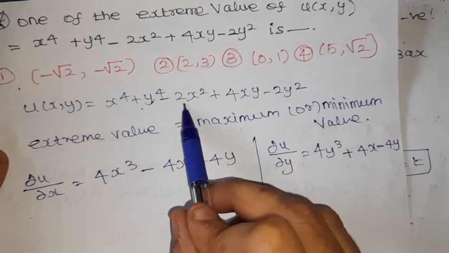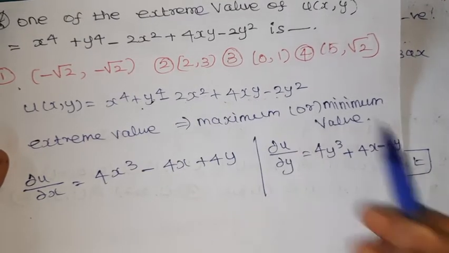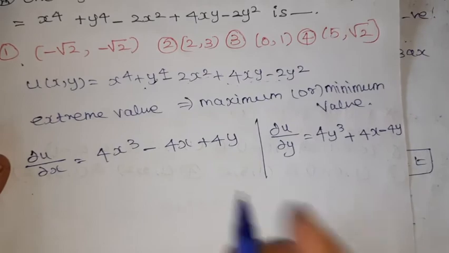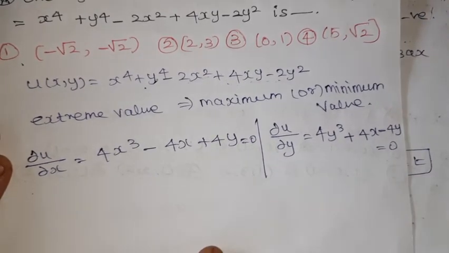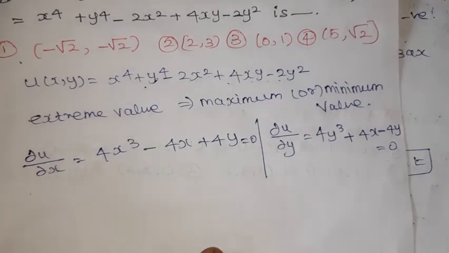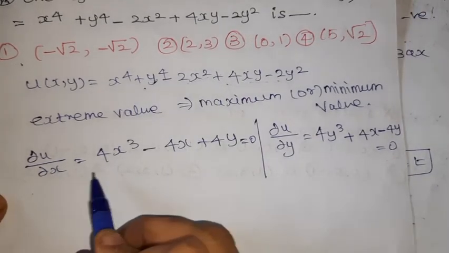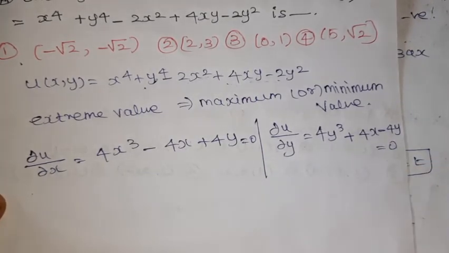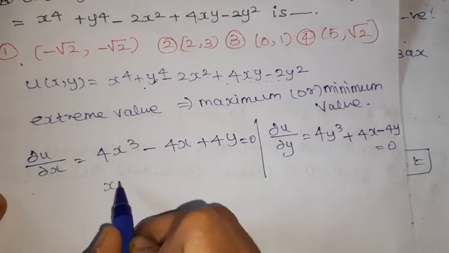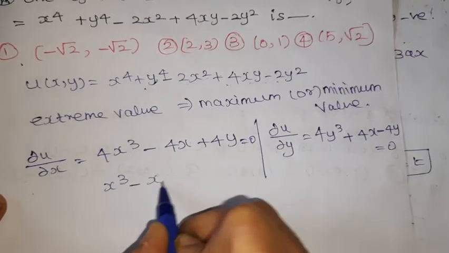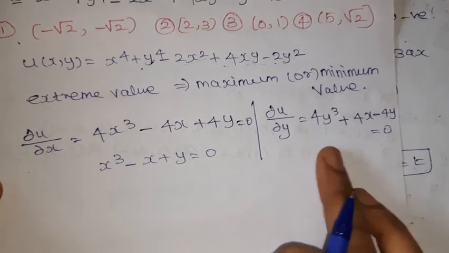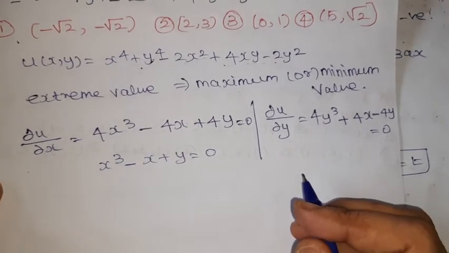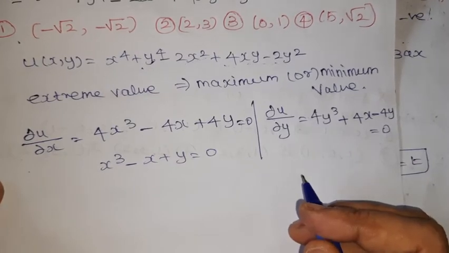To find the extreme or stationary point, ∂u/∂x and ∂u/∂y are equal to 0. This is all a multiple of 4, so dividing by 4 and simplifying, x cube minus x plus y equals 0.